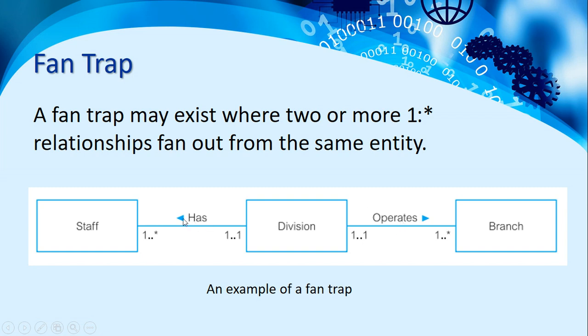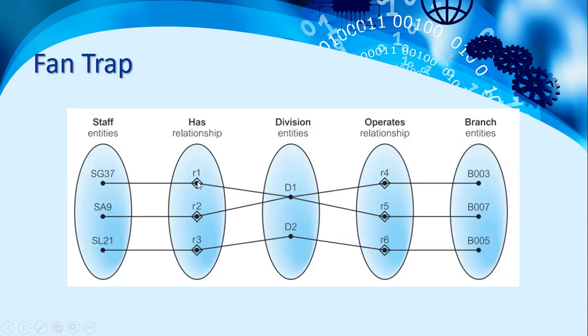So let us proceed to the next figure. These are the relationship occurrences of the has relationship and the operates relationship. Just from the drawing, it already looks like it fans out.